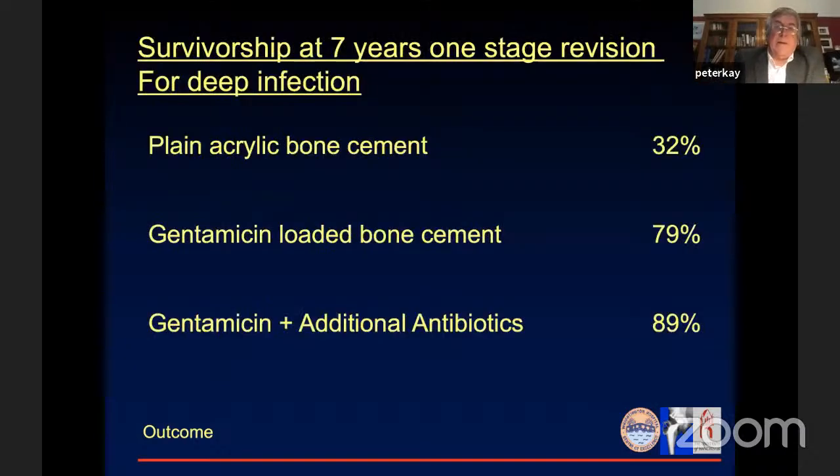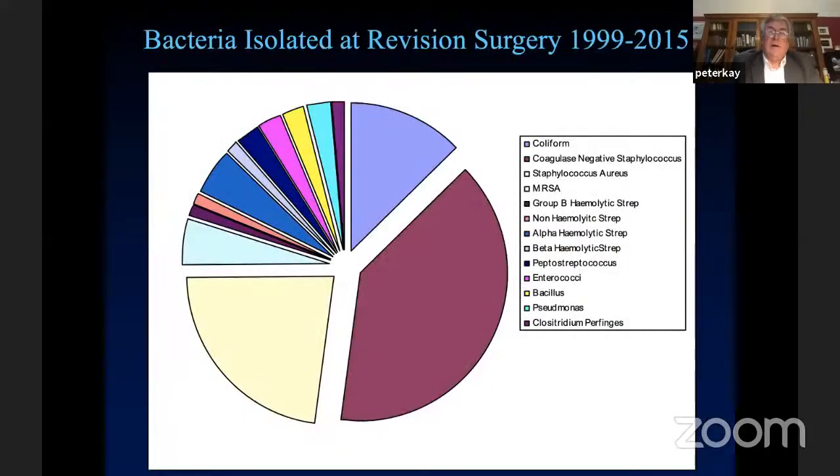And if we look at some bald figures, see the 7-year survivorship for those series: for plain cement, for gentamicin, and for gentamicin plus the additional antibiotics. So despite the fact that the bacteria have got worse, the survivorship has got better. And yes, we see mostly Staph epidermidis, really.